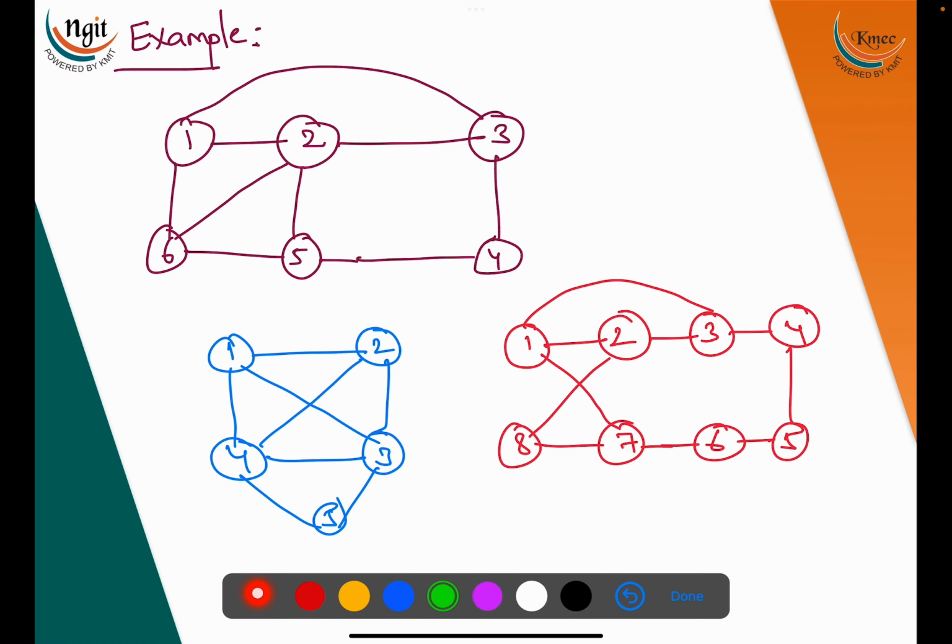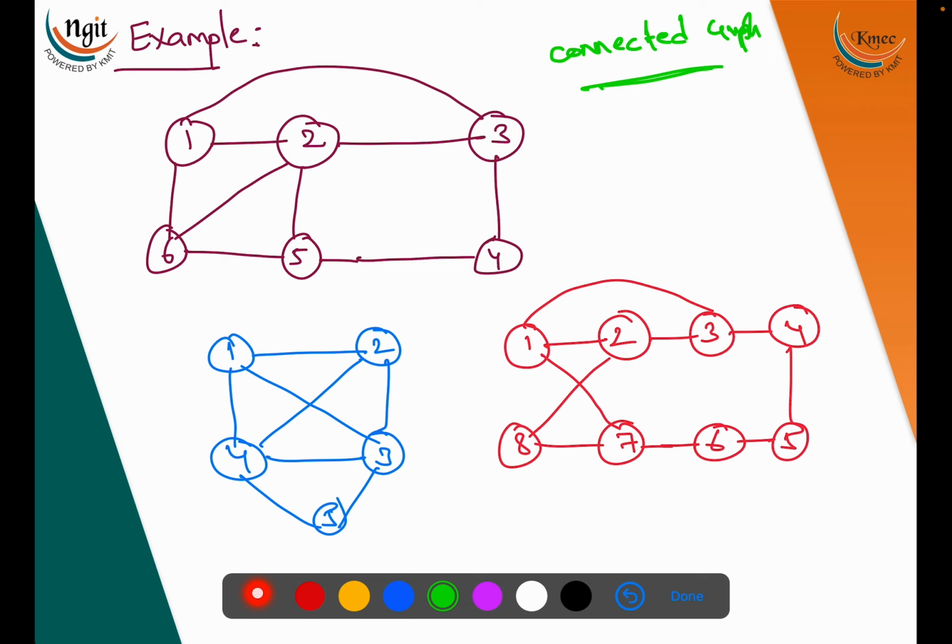So let's see a few examples of which graphs will generate a Hamiltonian cycle and which will not. First, let's understand what connected graphs are. Basically, Hamiltonian cycles will generate from connected graphs, as we discussed previously. So the pre-requirement to get a Hamiltonian cycle from a graph is that it should be a connected graph.